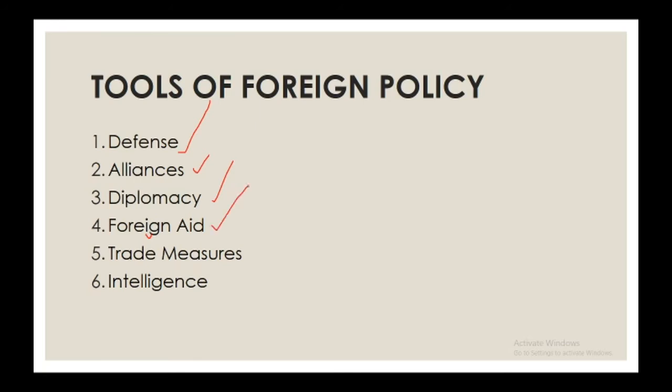Foreign aid is giving military or economic aid to other countries. Like in the 20th century, after the Second World War, the Marshall Plan was started for the rebuilding of Europe.